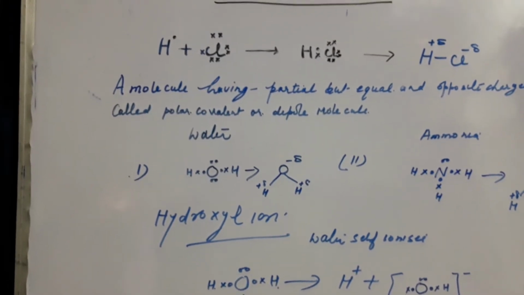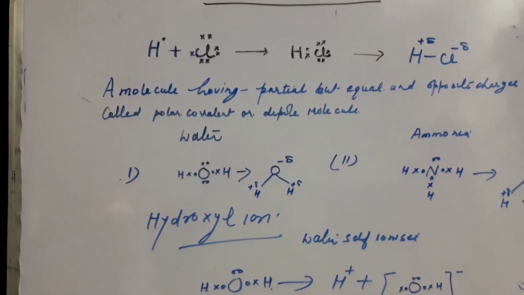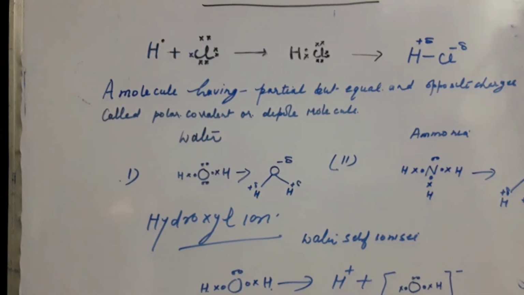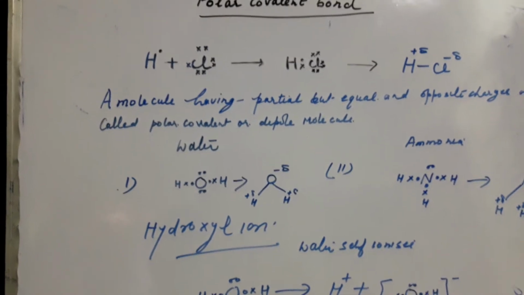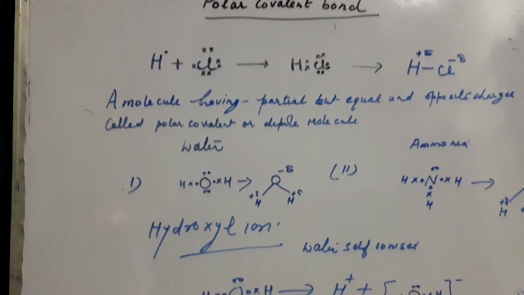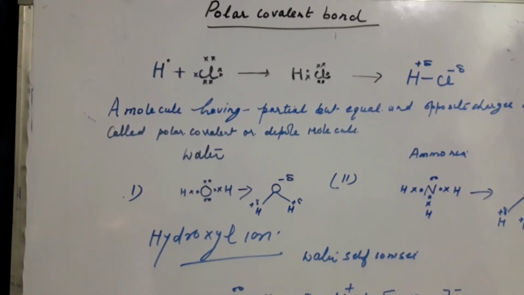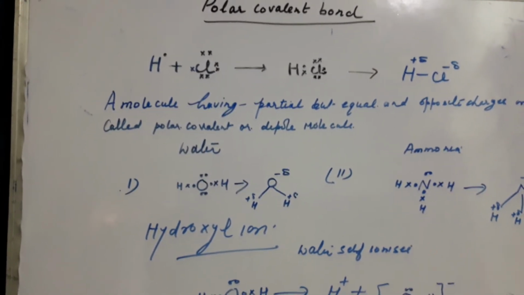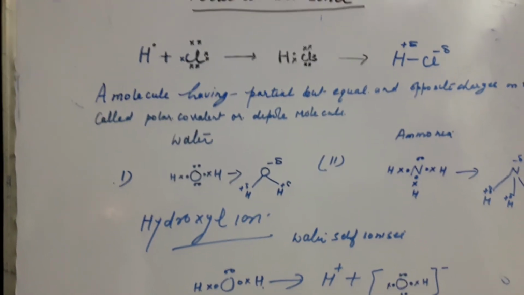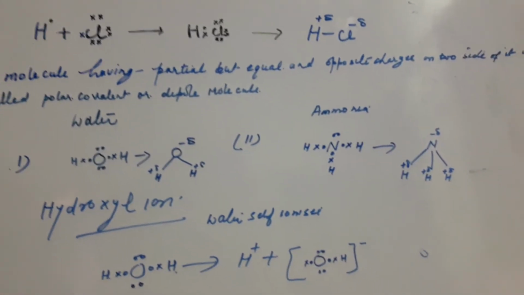What will happen due to this? Partial negative charge will develop over oxygen and partial positive charge will develop over hydrogen. But you have to remember that negative charge will always be equal to positive charge. So this is also which type of compound? Polar covalent compound.